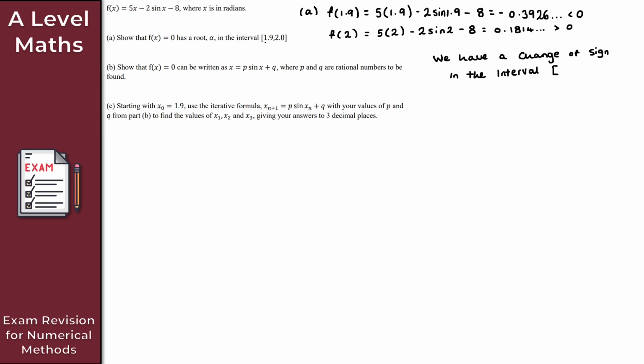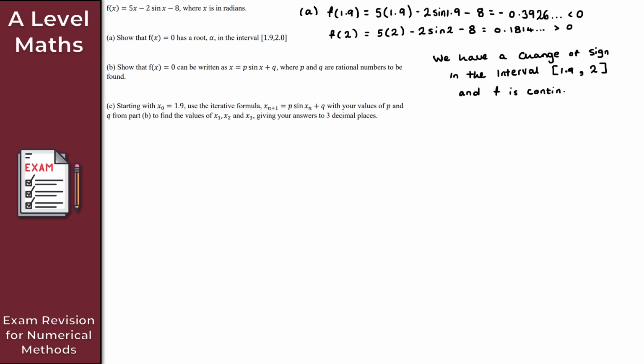Our interval here is 1.9 to 2. And the function f is also continuous, so let's make a note of that as well. f is continuous.